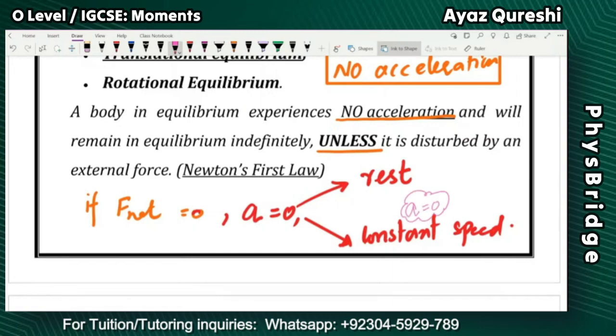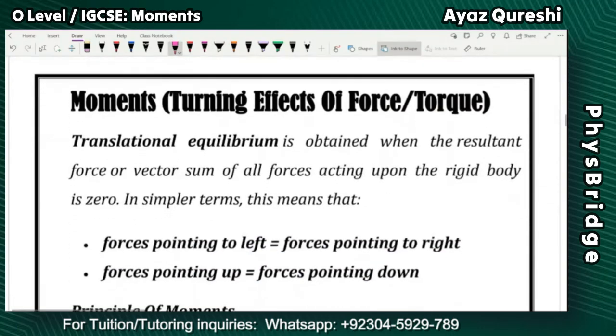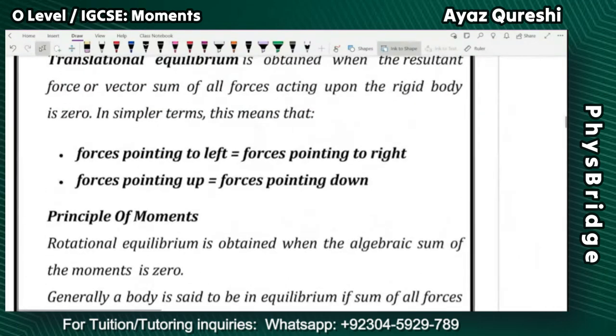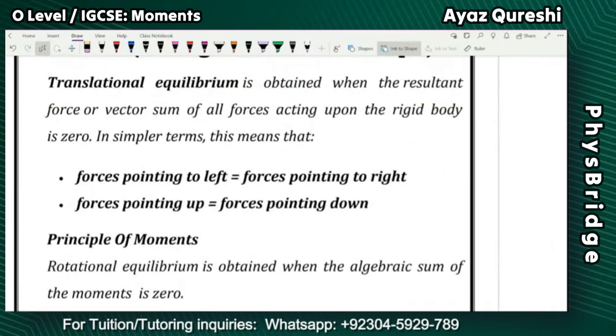If a body is in equilibrium, there are two conditions. Condition number one: the sum of all the forces acting on the body must be equal to zero.